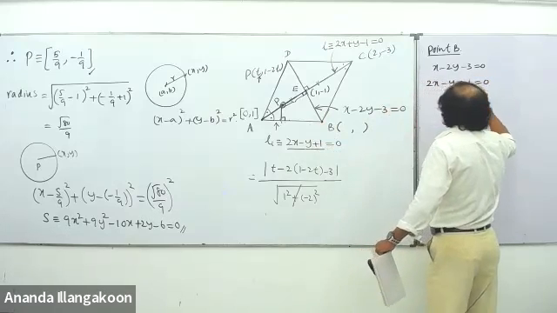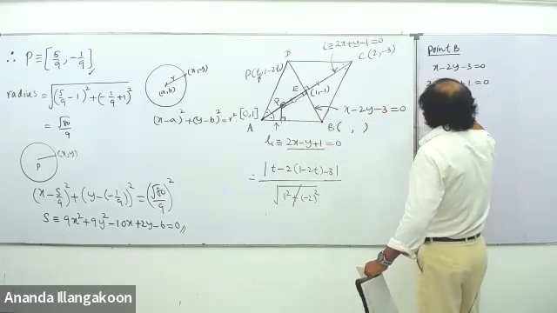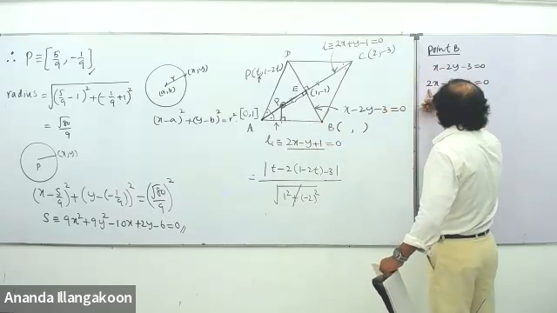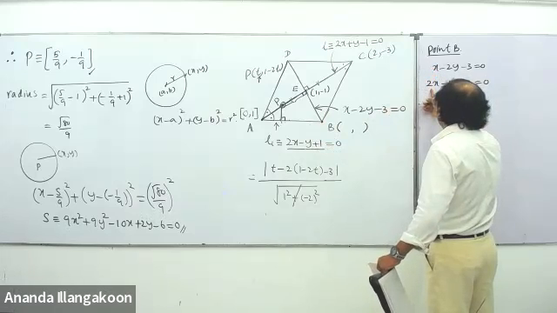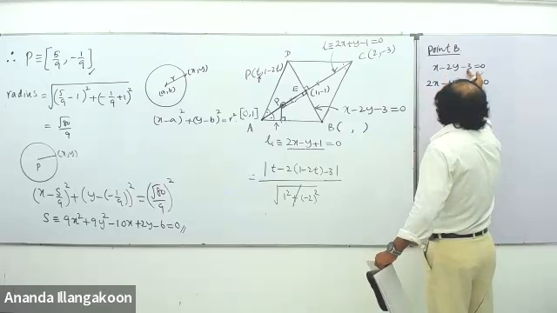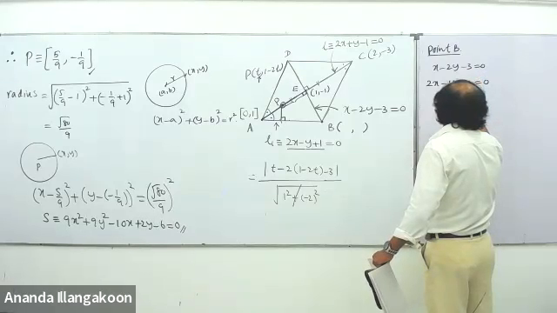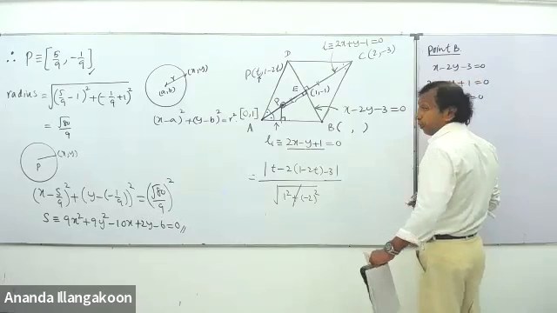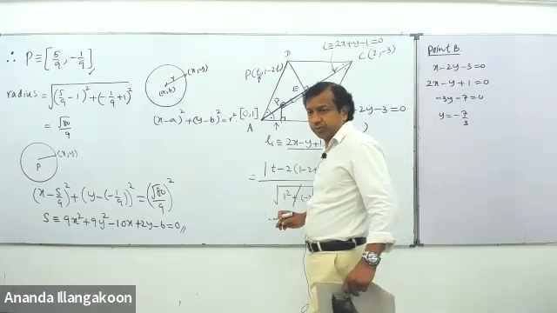We have to solve these two simultaneously. Multiply this by 2 and subtract: 2x minus 2x is 0, minus 4y minus minus y gives minus 3y, minus 6 minus 1 gives minus 7, so y equals minus 7 by 3. Correct, no? Right.